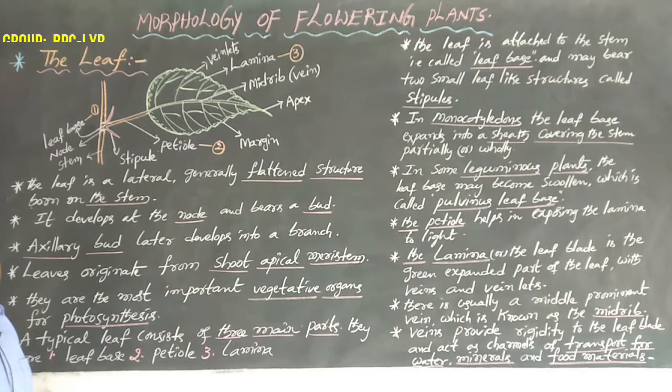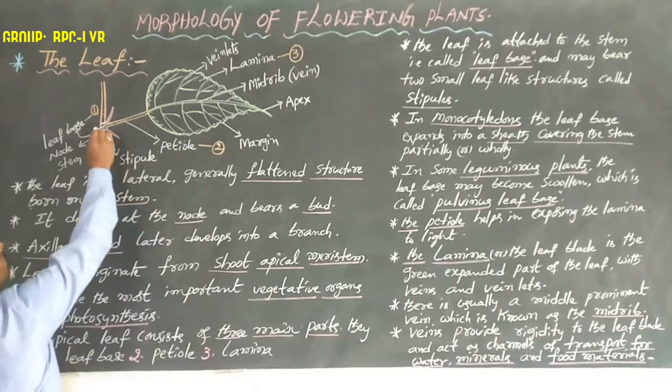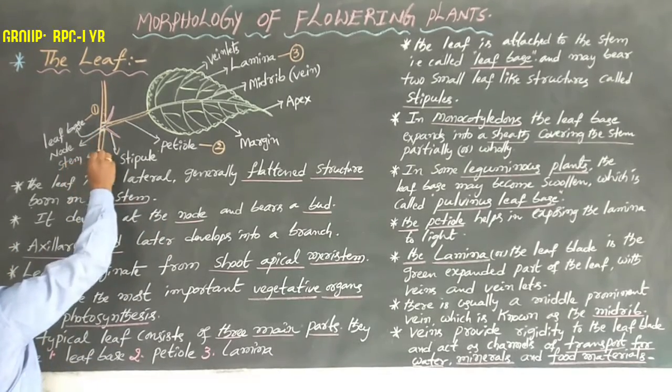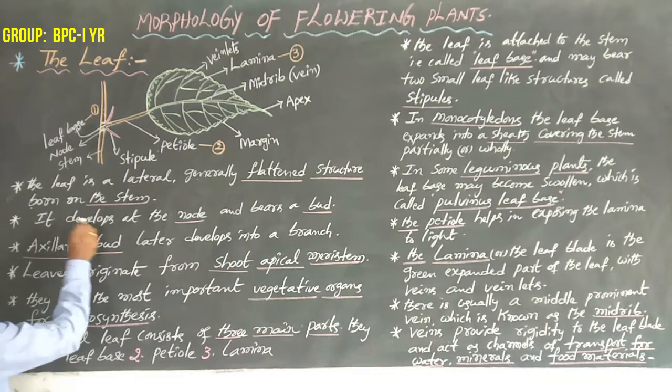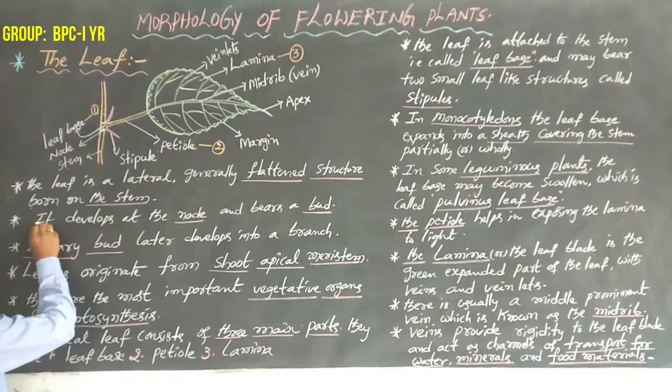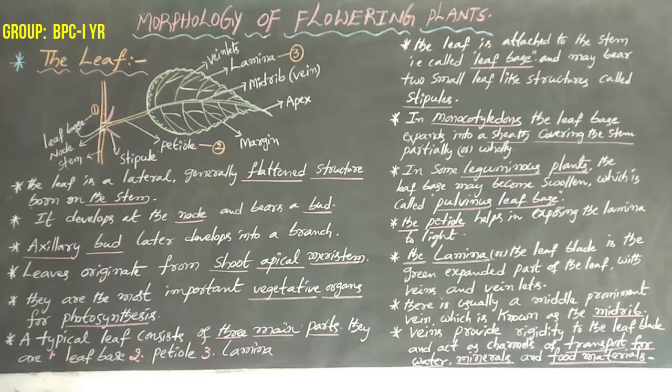This is a stem, and generally the stem contains nodes and internodes, with one internode between two nodes. Generally these leaves develop at the node of the stem. Leaves as well as flowers always develop only at the node of the stem, not at the internode of the stem. This is very important here.